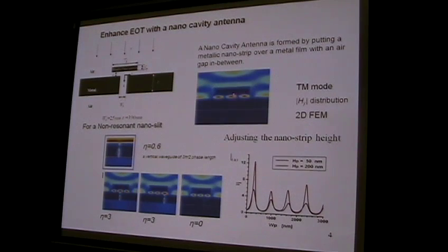And you see this cavity eigenmode will be formed. And now if we have this opening right at one of the bright spots, you see the efficiency enhances quite a lot. The efficiency goes to 3.